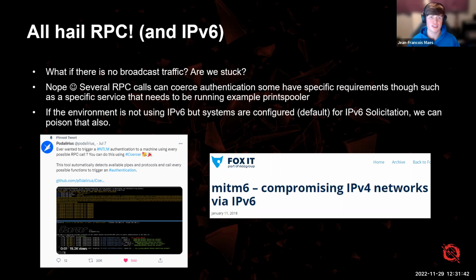One of the tricks is using, well, actually two of the tricks are using RPC calls. So RPC stands for remote procedure call. And essentially there are two RPC calls that we can abuse, there are more of them, but two primarily abused ones. One is responsible for printing, so a print RPC call.